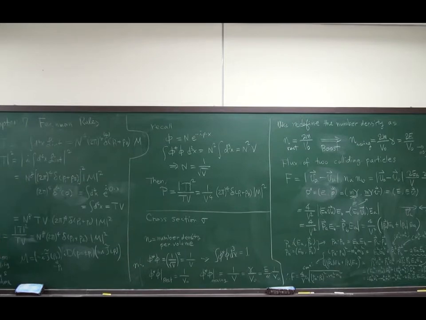But if you stop firing some bullet, then it does not interact anymore. And if I have a wide enough target, it has more rate of making interactions. So this probability density is related to the relative density of the two particles that collide.